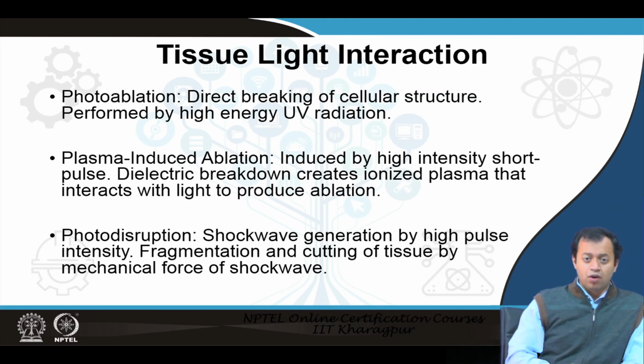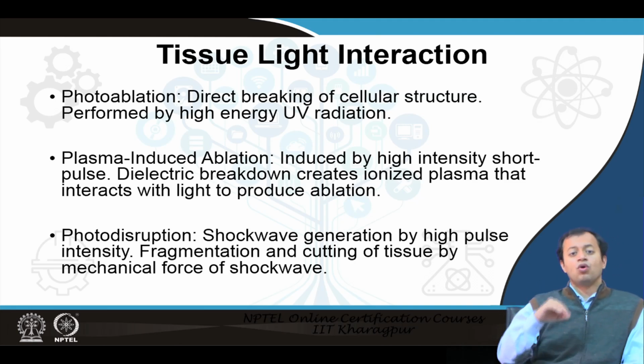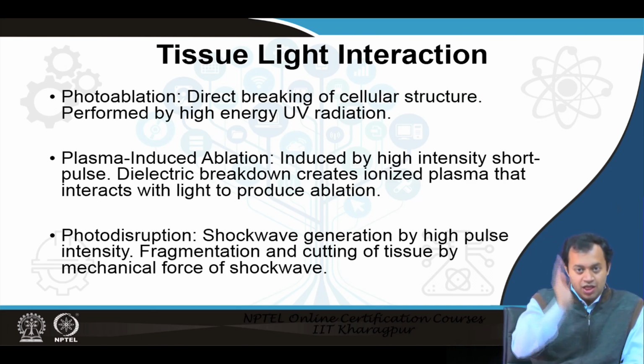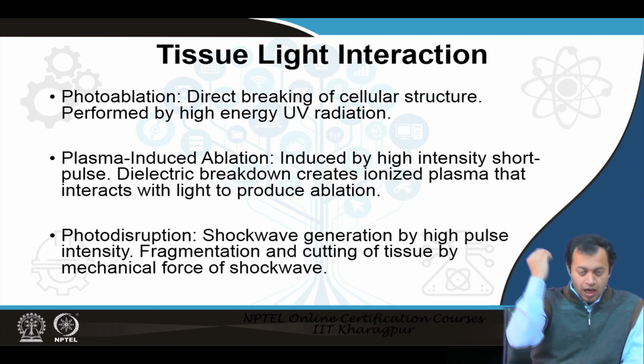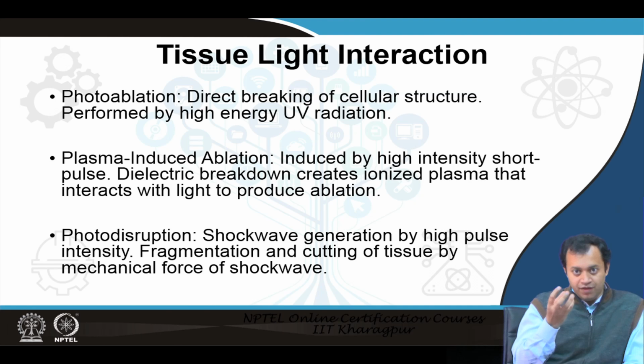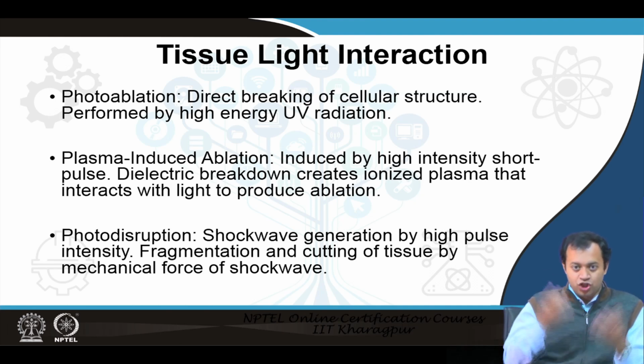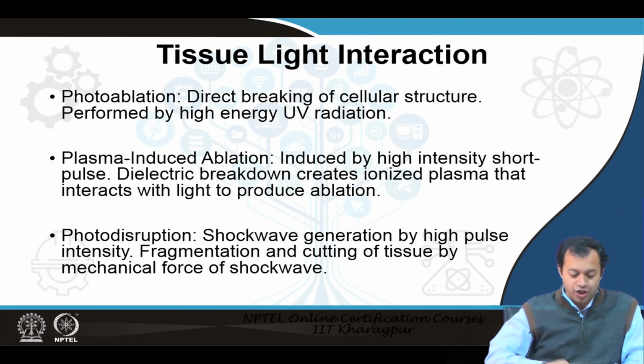You do not have to wait for light to get converted into heat. The light itself, with its energy, is able to break down your tissue. The energy of the photon is enough to generate cellular structure damage.